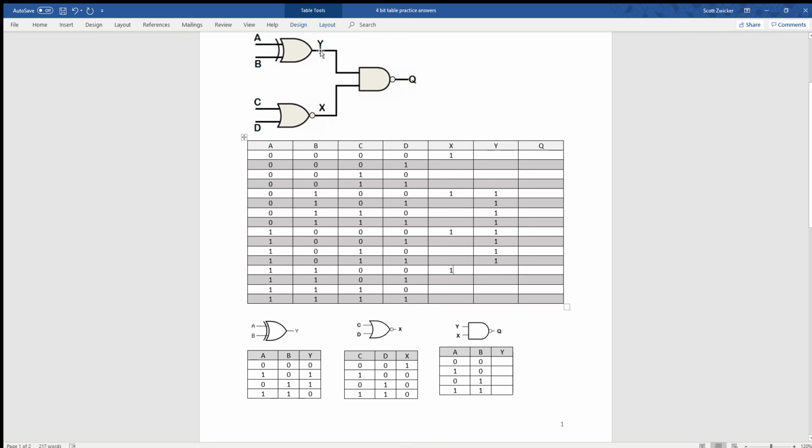Now I can take output Y along with output X and NAND those together to get my output for Q. So if we look at the truth table for the NAND gate, well, the NAND gate is 1, 1, 1, 0. So anytime I have a 1, 1, I have a 0. All the rest of the time I have 1s.